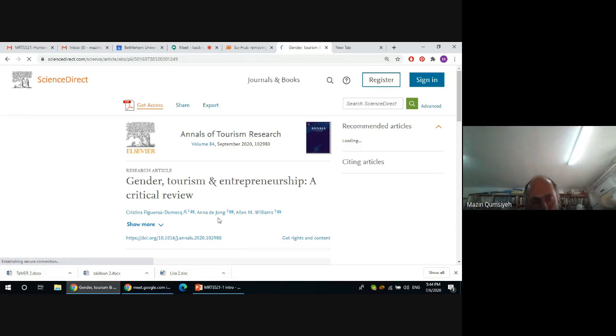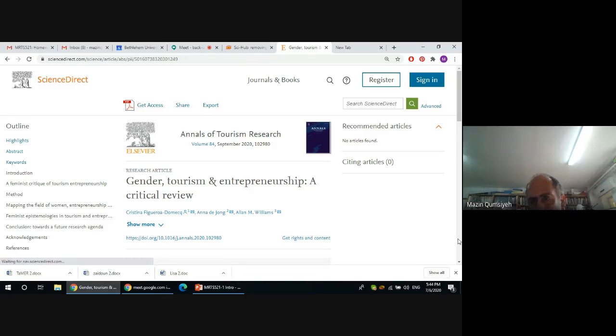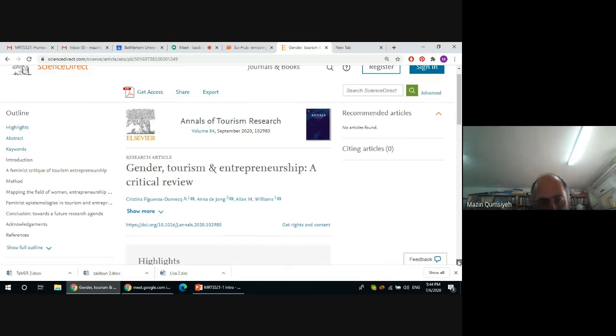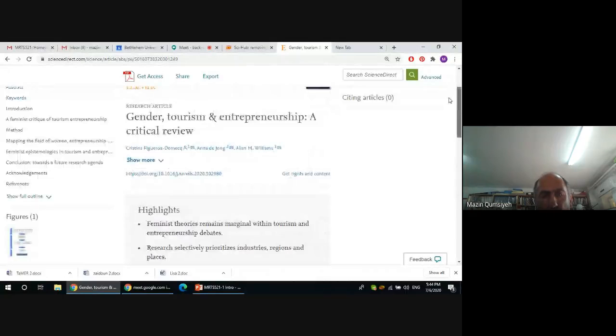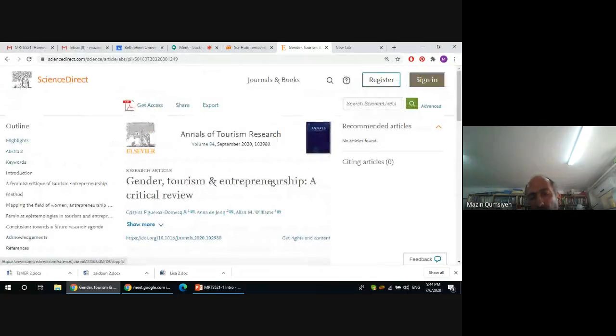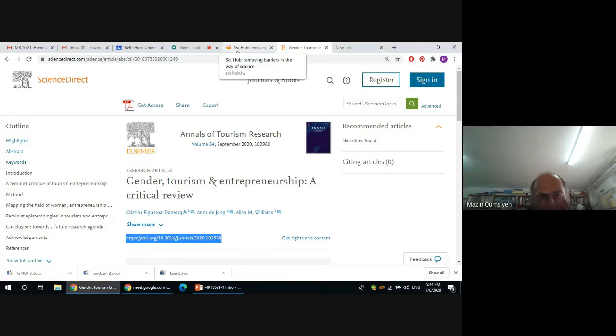You will get here the title of the paper. It says you can buy it, of course. You can pay for it and buy it if you want. There's the abstract for it. Sometimes, as I said, the abstract is sufficient for what you need. But if you want to see the full article, take this thing, which is a DOI, which is a standard link to the article. Okay?